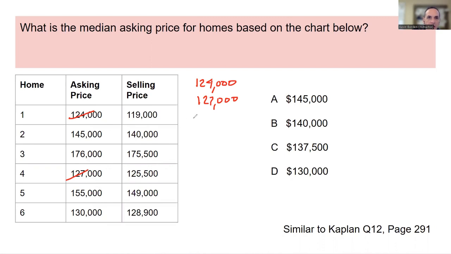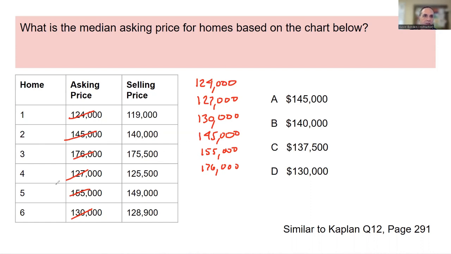And I'm crossing these out because it helps keep track of it. 130. What's next? 145, it seems like. Then 155. And finally, 176. These problems are not difficult, but they're a little bit tedious.